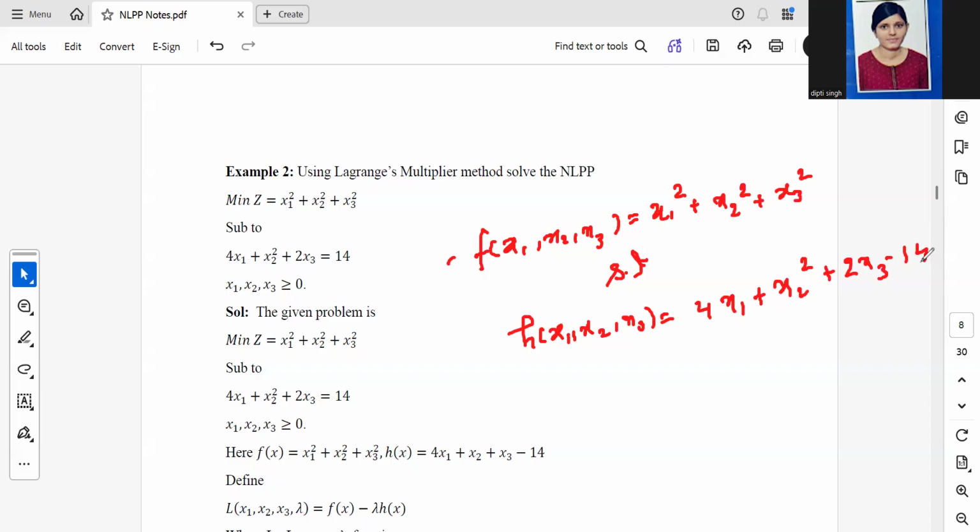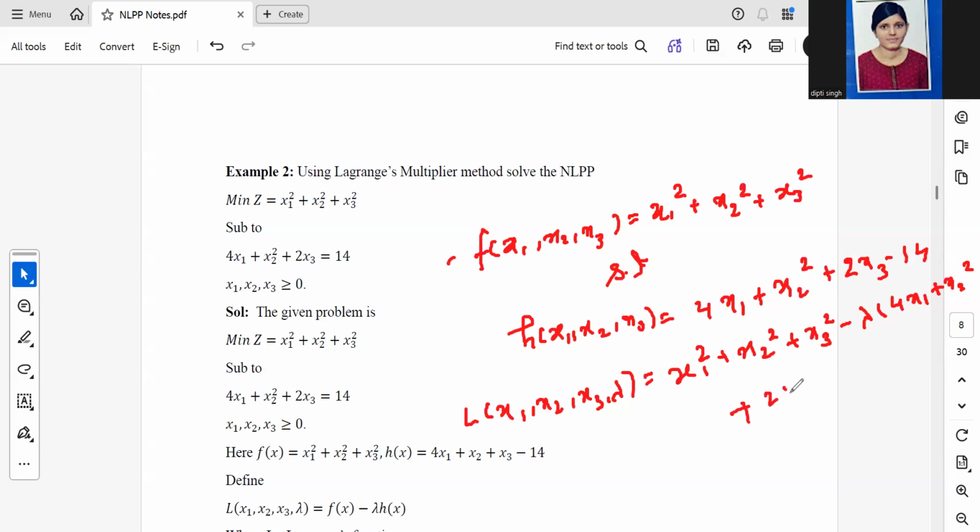Then we define the Lagrangian function L of x1, x2, x3 and lambda, which is x1 square plus x2 square plus x3 square minus lambda times (4x1 plus x2 square plus 2x3 minus 40).